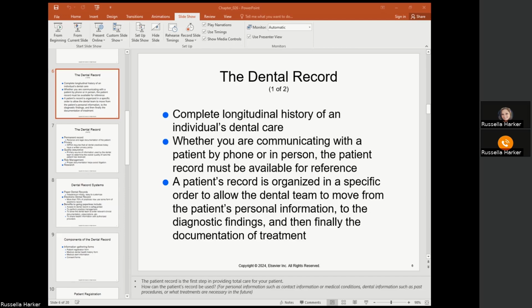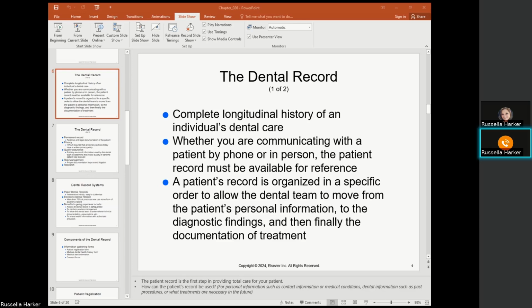Remember the privacy part, that a dental record contains confidential information related to a patient's personal information, health, and financial background. So we have to remember HIPAA, and that a chart contains PHI, which is protected health information or personal health information.